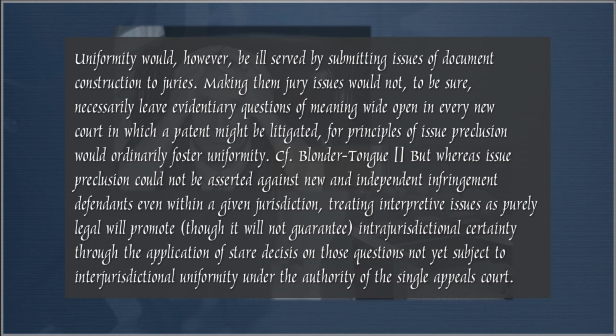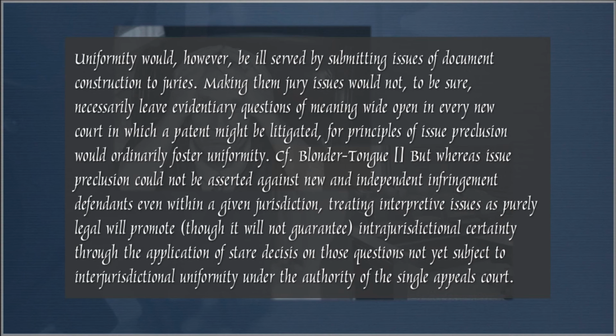So I think this is important. And the important thing is that what it says is that there's a mandate, right? There's a mandate for the Federal Circuit to create exactly what the Supreme Court suggests it should, which is a set of rules, a structure, a framework for claim construction that will promote intrajurisdictional uniformity under its authority.